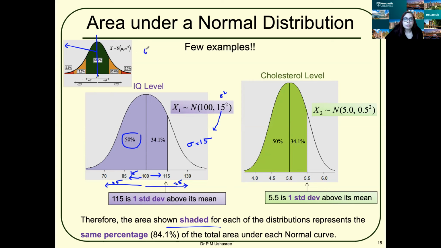So half of 68.2 is 34.1, meaning 34.1% of data lie between the mean and 115. So the total is 50 plus 34.1, which is 84.1. Similarly, 50 plus 34.1 is 84.1. So the area under both normal distributions is the same. The mean is different, the standard deviation is different, but the area is the same. The probability of finding the random variable X will be the same in the shaded region.